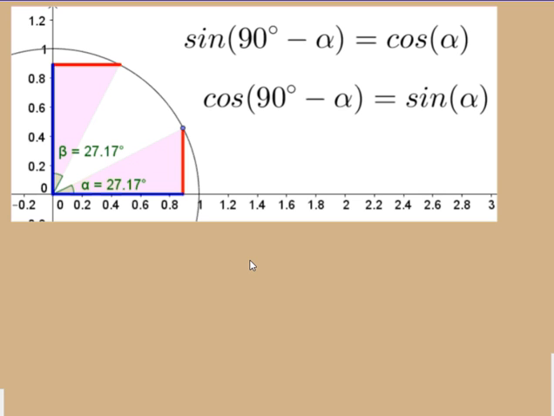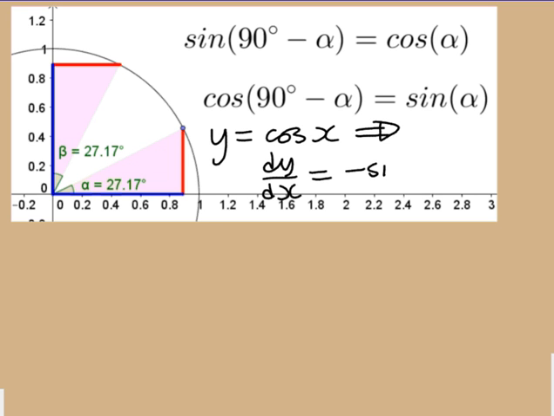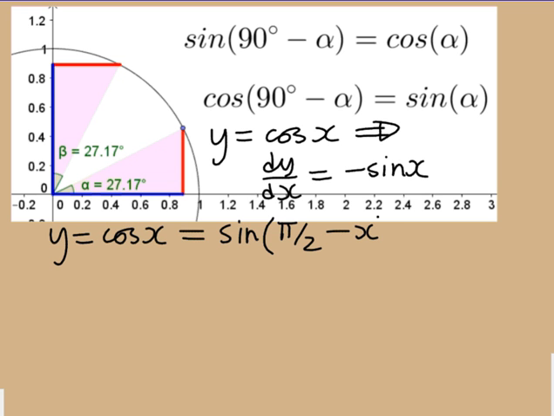Okay, so this is our task. If y is cosine x, then the derivative is minus sine x. We're going to prove that basically. Well, if y is cosine x, what I've shown with the unit circle is cosine x is sine of pi over 2 minus x.